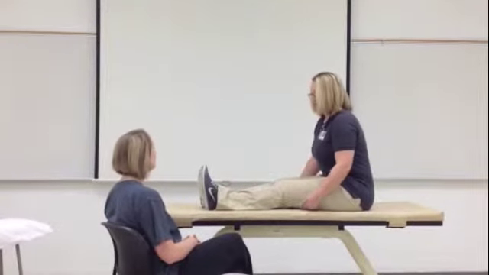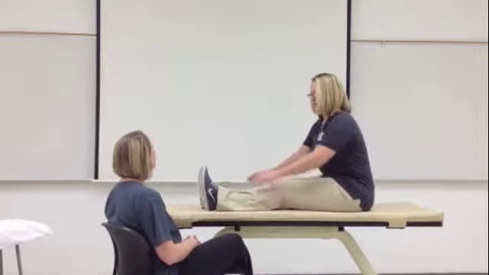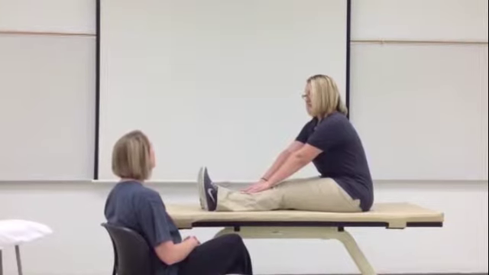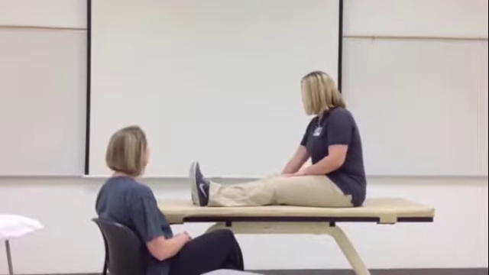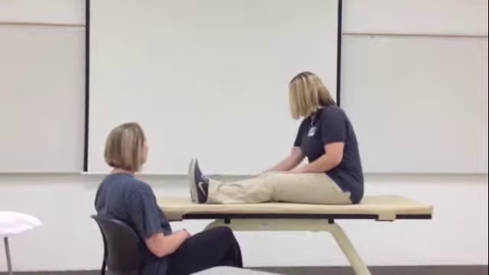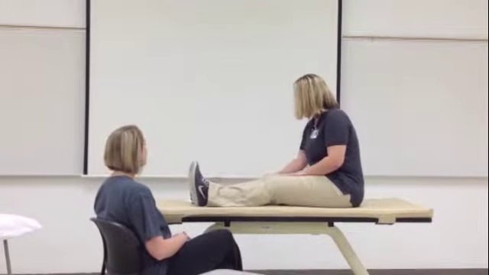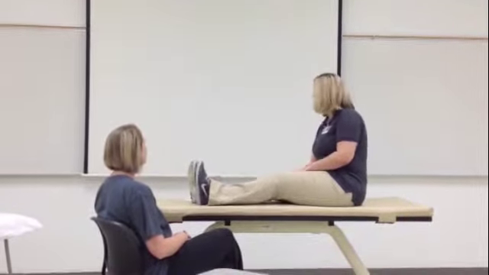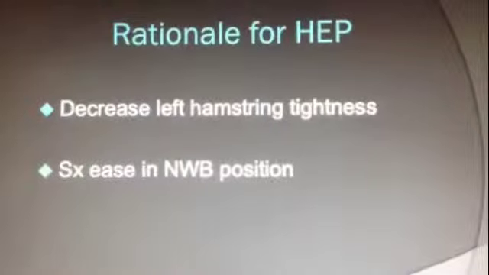And as soon as you start to feel a pull in the back of your legs, I want you to hold that for 15 seconds. And then you're going to slowly come back up to relax. You're going to do 2 sets of 10 twice a day.